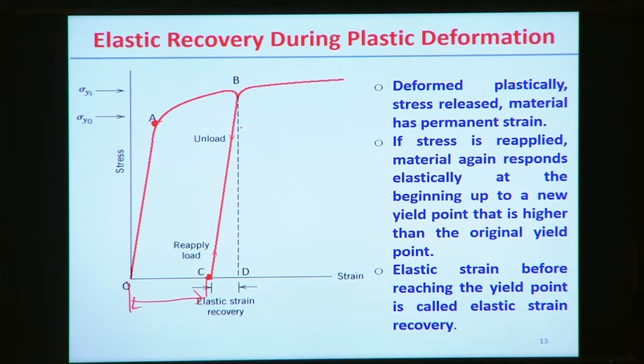Now if we project B, when we deform up to point B, OD is the total deformation or total amount of strain. But after removal of the load, the material comes back to point C. So some amount of recovery happens, that is the amount CD. That CD is basically called the elastic strain recovery.